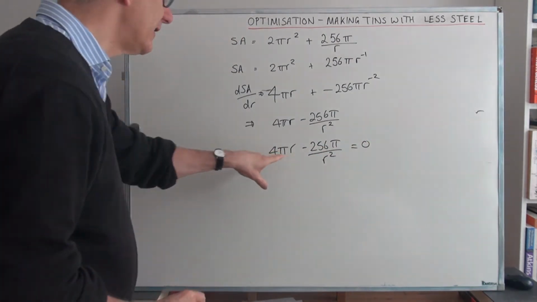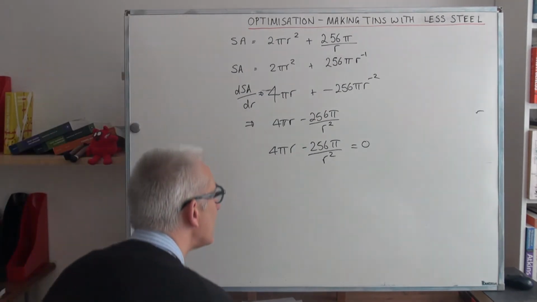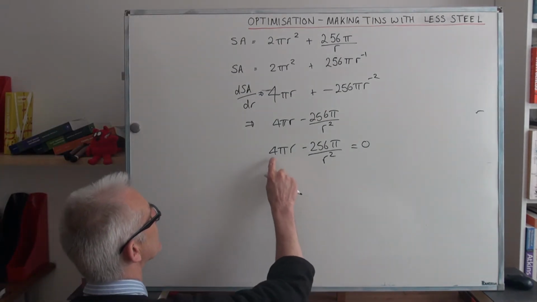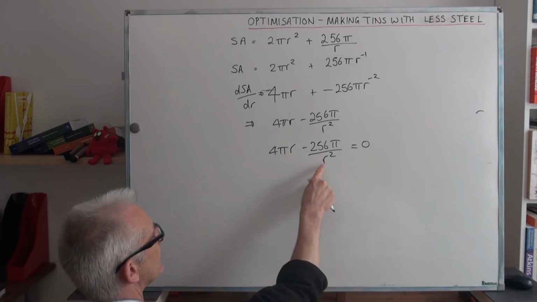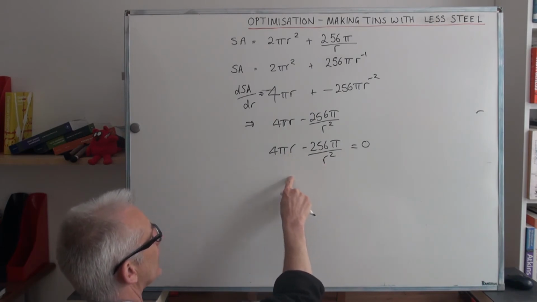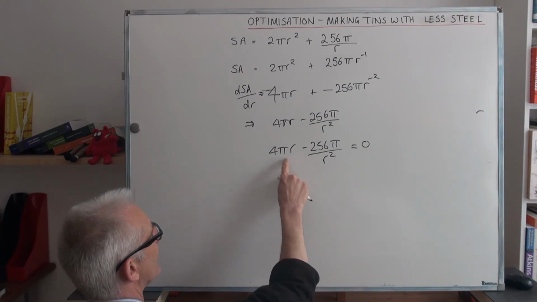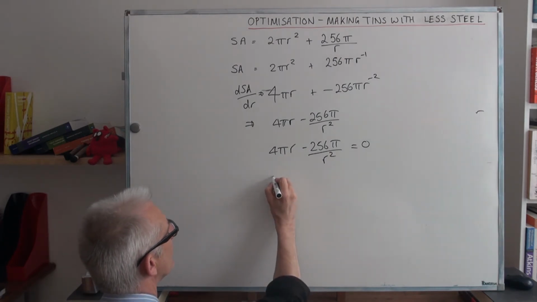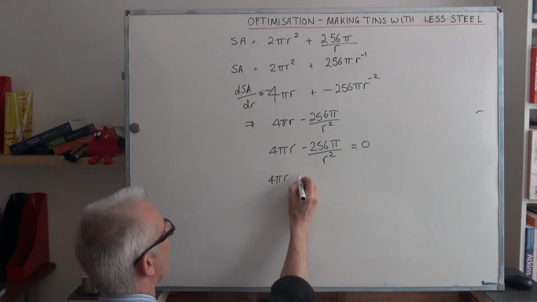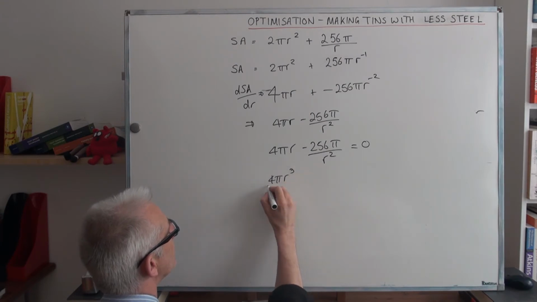And before we do that final step, we're going to put this lot over the same denominator. We've still got to try and get r in one place. So let's make the denominator r squared, which means you have to multiply the top by r squared as well. So what we've got is 4 pi r cubed over r squared.